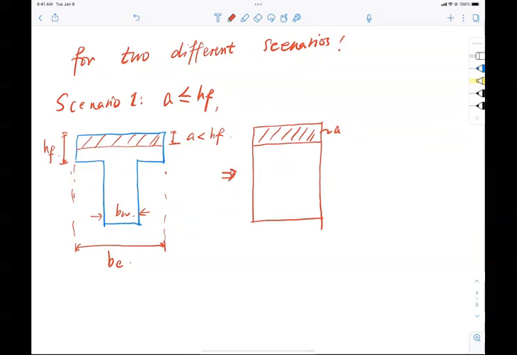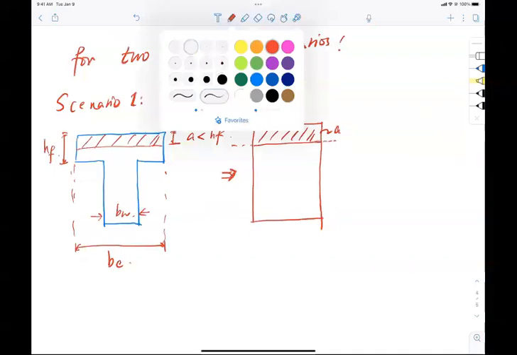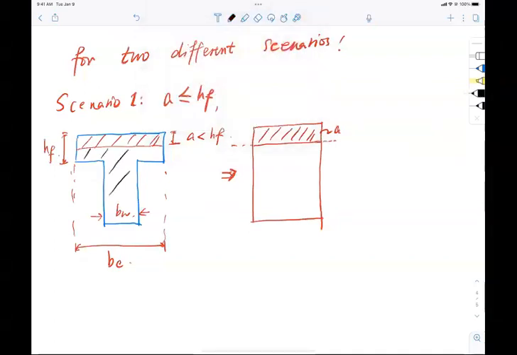So from that, we know that if I'm looking at a rectangular section and I have my compressive zone, that is right here. And although this is not the neutral axis, it is the effective compressive zone. But essentially, what we're trying to say is that the black shaded area does not contribute anything at all, because it does not contribute to tension. So in essence, if my a is smaller than hf, essentially I have a T section, but it acts just like a rectangular section, because underneath, the concrete in tension doesn't matter anymore, so it's the same.